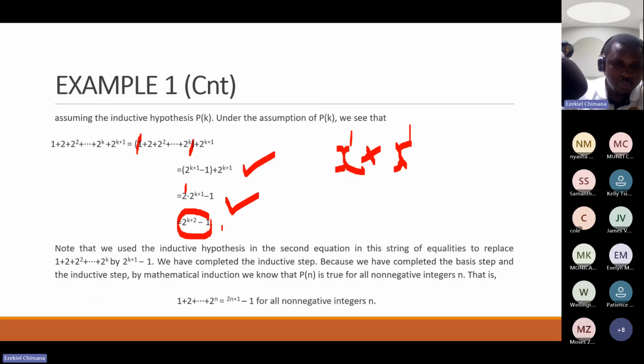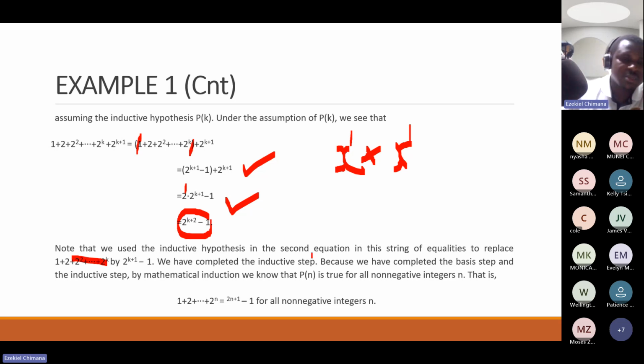So by doing so, we've managed to prove using mathematical induction, or the principle of mathematical induction. So note that we use the inductive hypothesis in the second equation in this string of equalities to replace this part by this part. So we have completed the inductive step because we have completed the basis step and the inductive step. So by mathematical induction, we know that P of n is true for all non-negative integers.